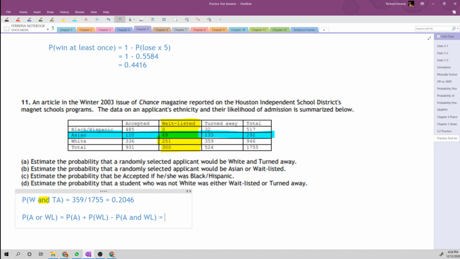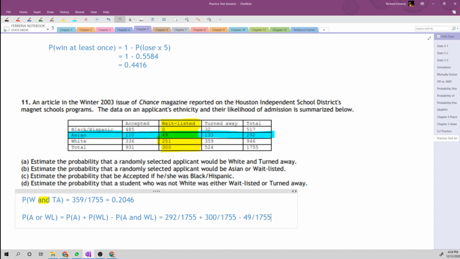So what's the probability of Asian? I believe that is 292 out of 1755, plus the probability of waitlisted. Waitlisted would be 300. That's going to be a marginal total, 300 out of 1755, minus, now this is an and probability, so it's an inside cell, 49 out of 1755.